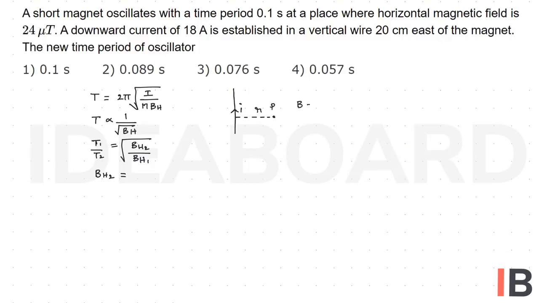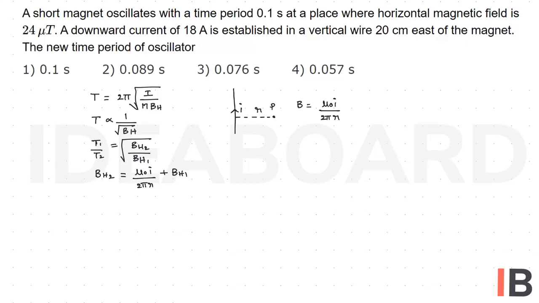At that point magnetic induction field is equal to mu naught I by 2 pi r. So the total field is equal to mu naught I by 2 pi r plus BH1.